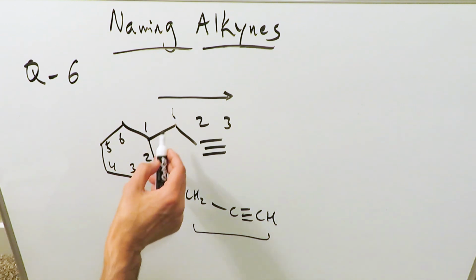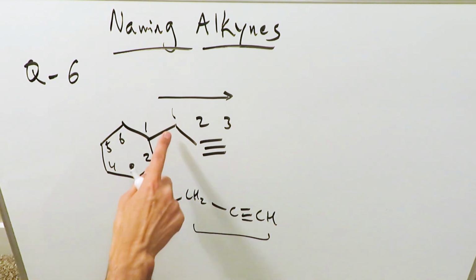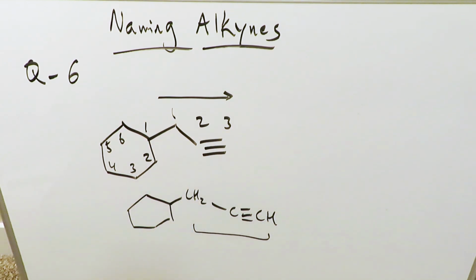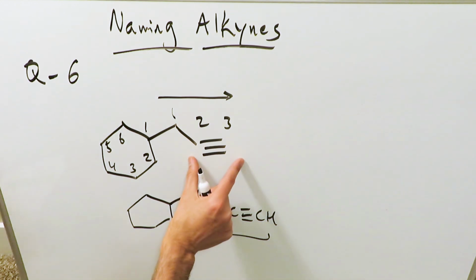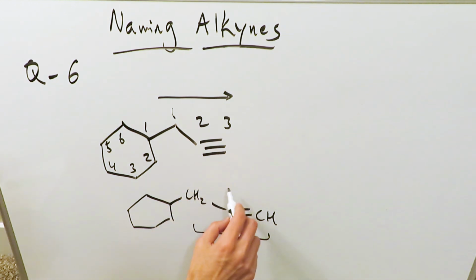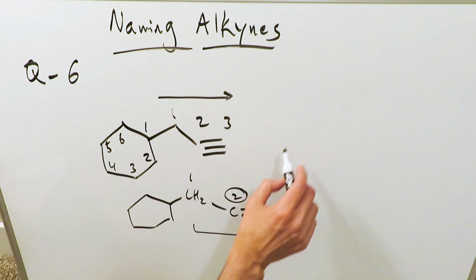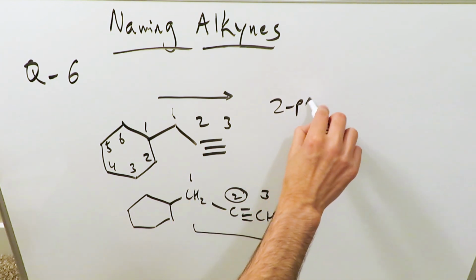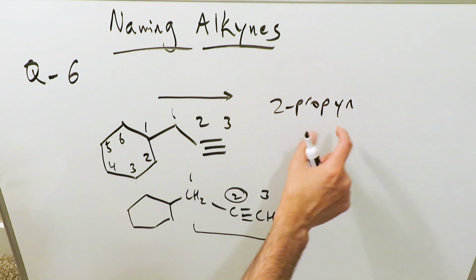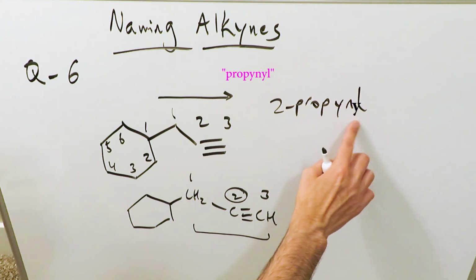On carbon 1 of this cyclohexane, you have this attachment which is 3 units long, which has an alkyne group. Let's name it. On this attachment right here, carbon number 2 is where I have my alkyne functionality, because this is 1, this is 3. So this is how we'll name it. I won't say 2-propyne, but I'll say 2-propynyl.